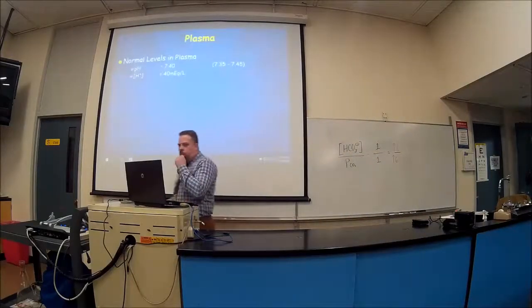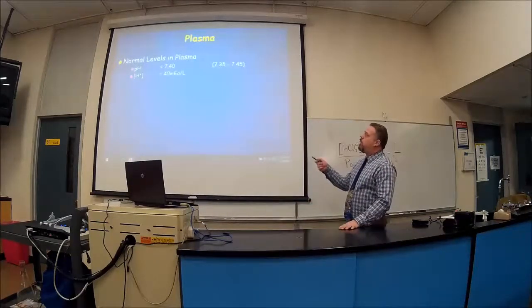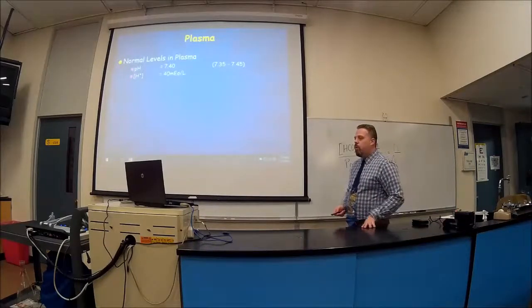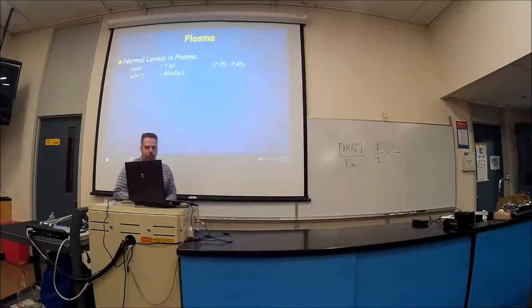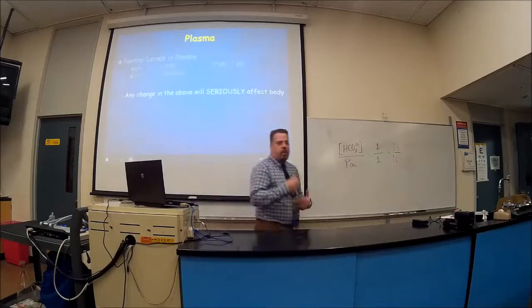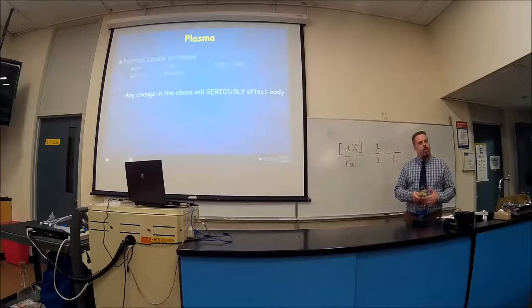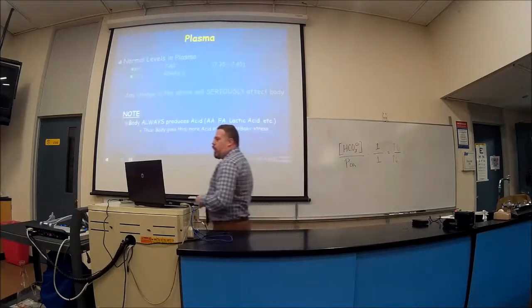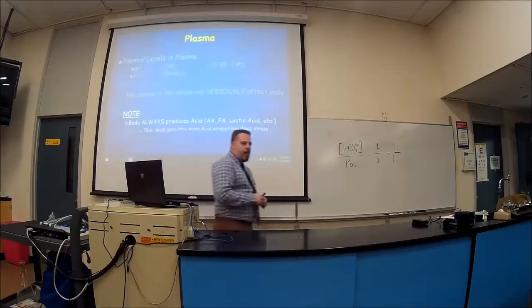All right. So again, normal levels: pH in the blood, the plasma, 7.4 with a range of 7.35 to 7.45. And the concentration of hydrogen should be about 40 milliequivalents per liter. Any change in this, your body will seriously feel it. But if you've got good kidneys and good lungs, it'll compensate. Okay? Now, the body seems to be going through more acidic stresses than basic stresses.